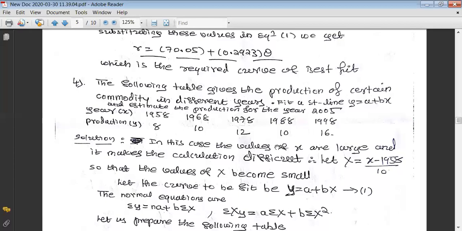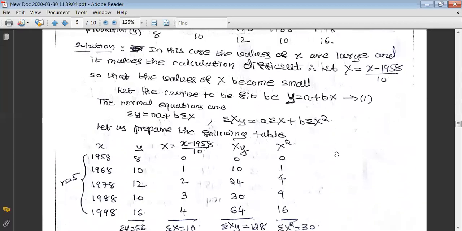Without reducing this also, we can carry out anyhow. We are supposed to use the calculator and we can handle any big value. But in order to go for the calculation in the simplest form, we are going to reduce the bulk or magnitude of small x values as capital X, taking it as small x minus 1958 divided by 10.